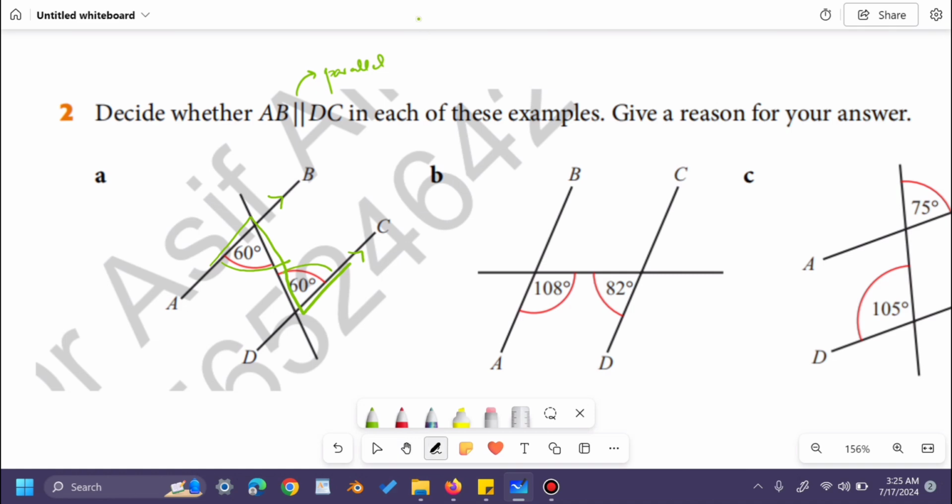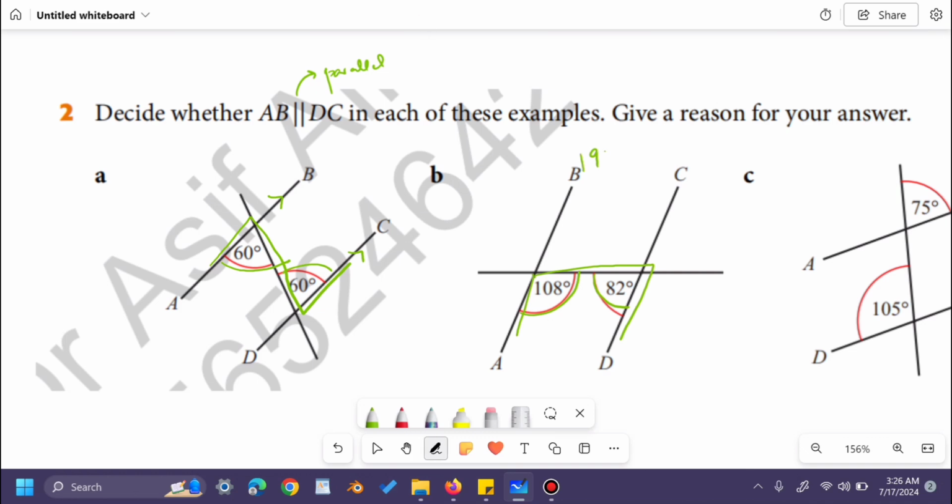Next, in B part, we have these two angles, 108 plus 82. These are co-interior angles, and when we add them, 108 plus 82 sums up to 190 degrees.